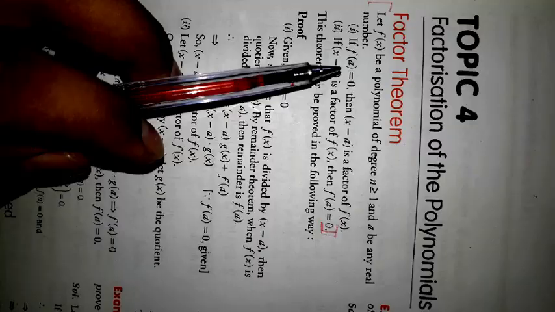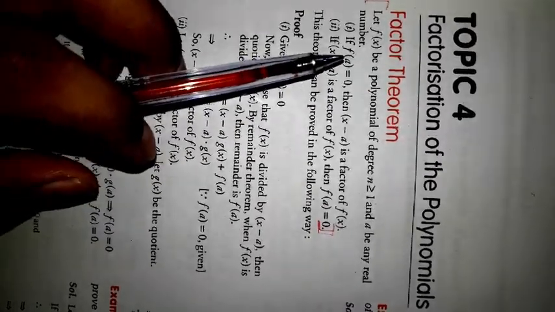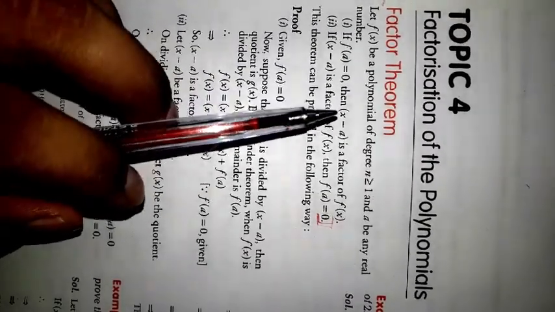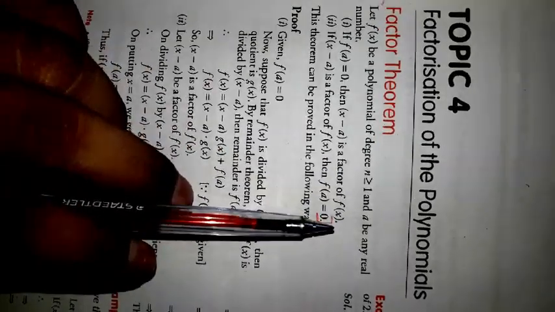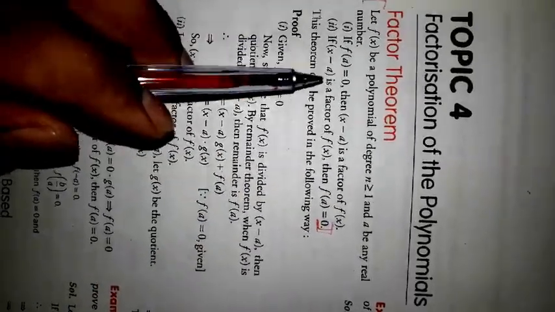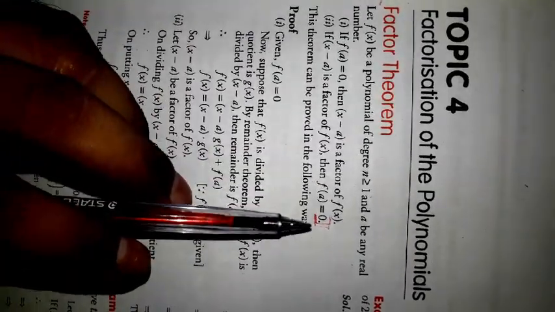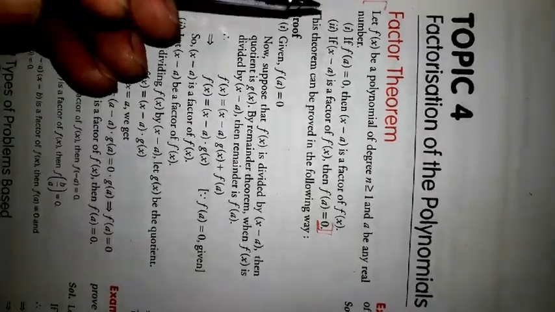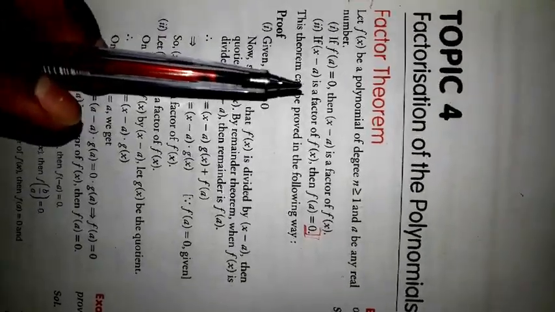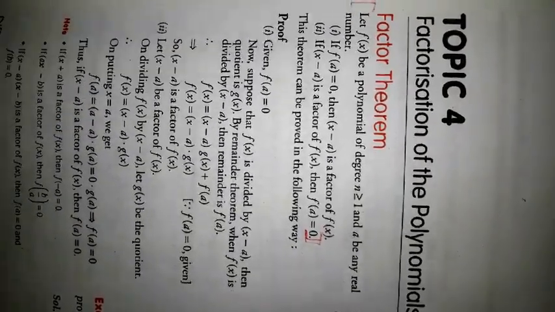Means if we solve the equation and get the value of f(a) equal to 0, then we can say x minus a is a factor of f(x). And the second one is, if x minus a is a factor of f(x), then f(a) would be equal to 0. Both are similar, so we don't need to prove this theorem. We will directly use these two points of the factor theorem to solve the questions of exercise 2.4.